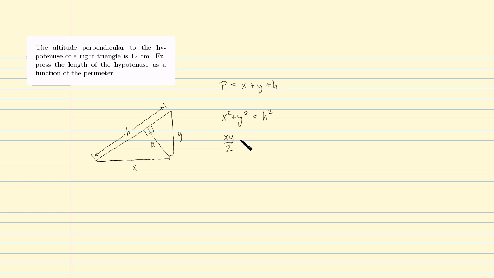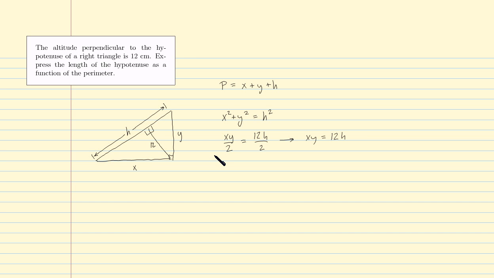So you could also calculate the area as height times base over 2. And of course this simplifies to just xy is 12h. Okay, so that's useful. We've got another relationship between x's and y's and h's like we do here.